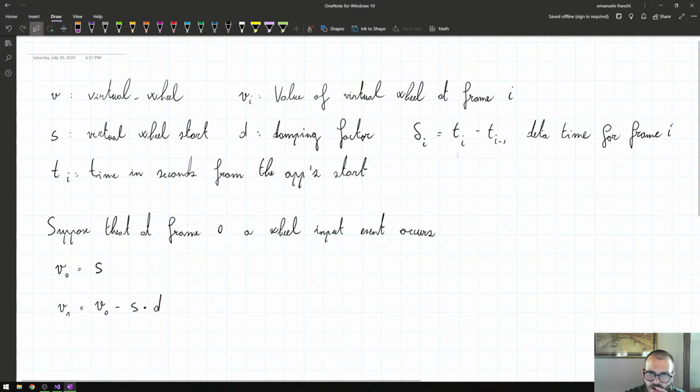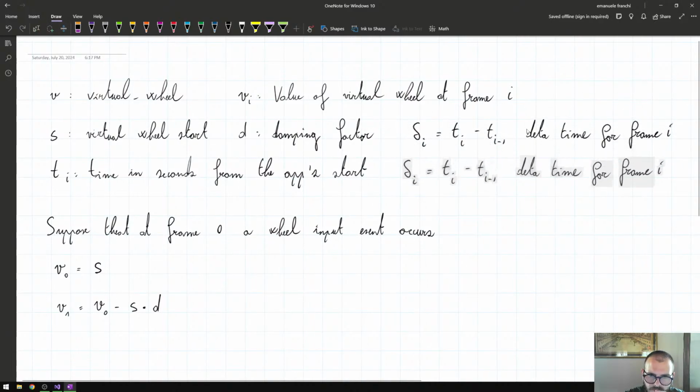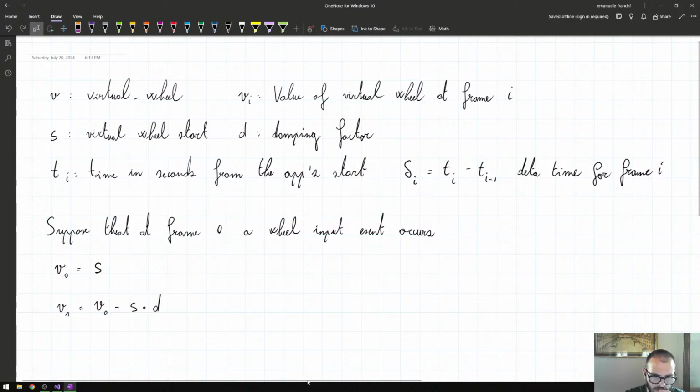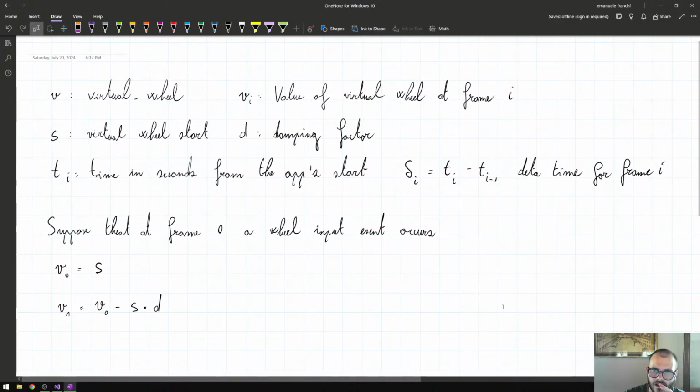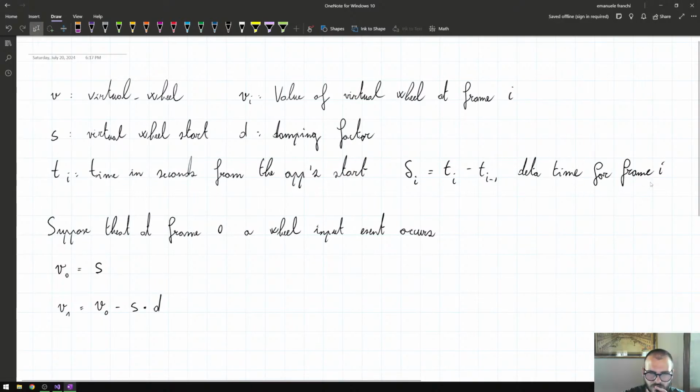And now this is the delta time for frame i, the time it took to process the frame.